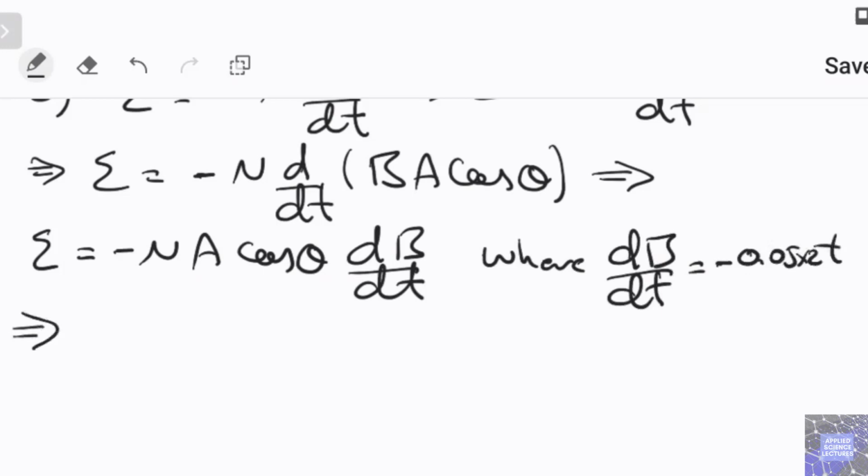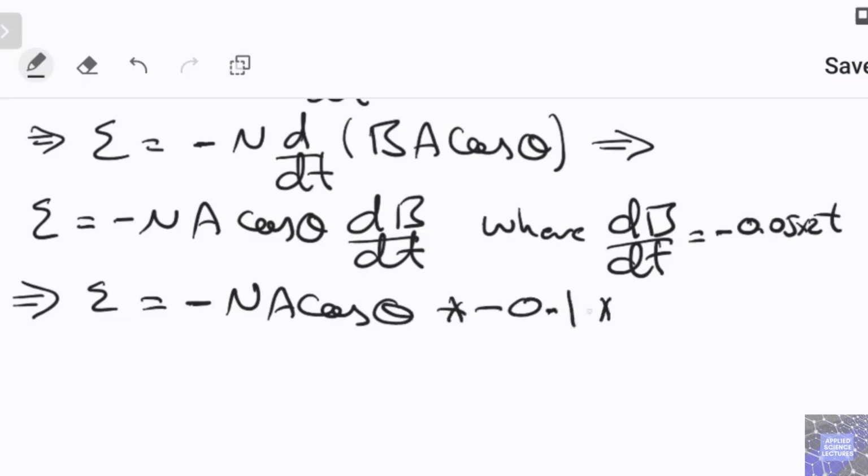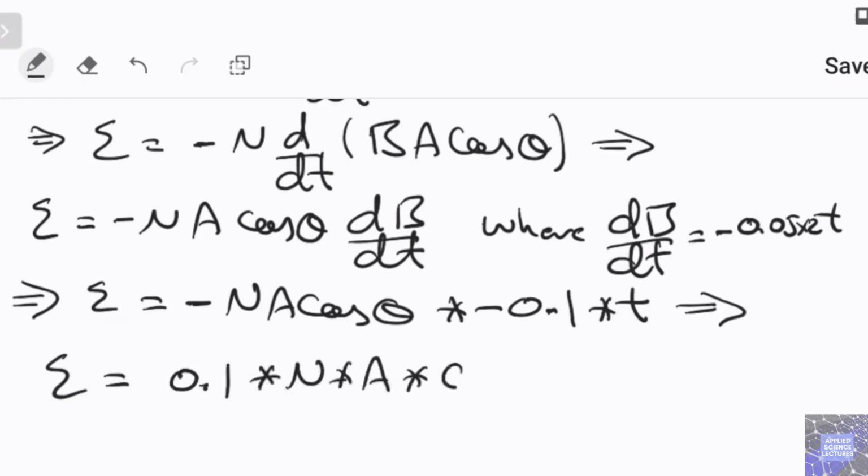Now, if we substitute dB over dt with its equivalent, then this is minus N A cosine theta times minus 0.1 t, and if I substitute, then the electromotive force epsilon equals, the minus will cancel, so I have here 0.1 times N times A times cosine theta times t.